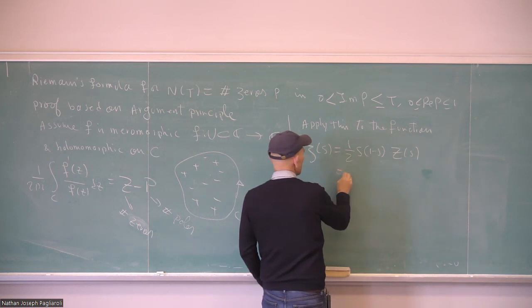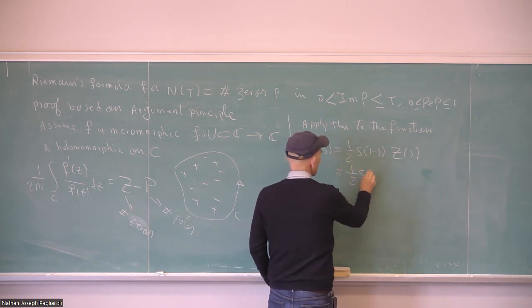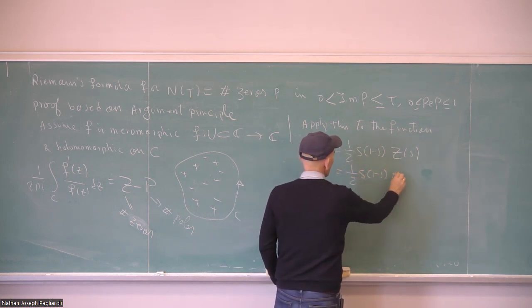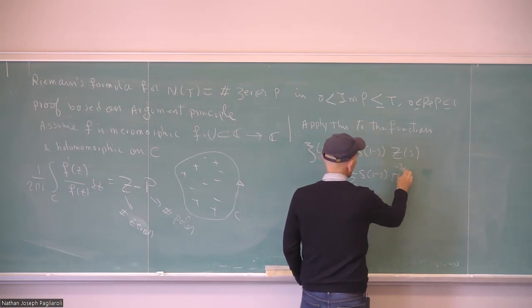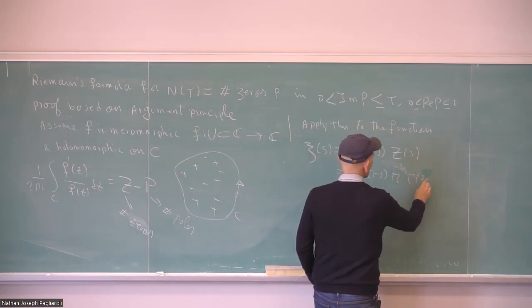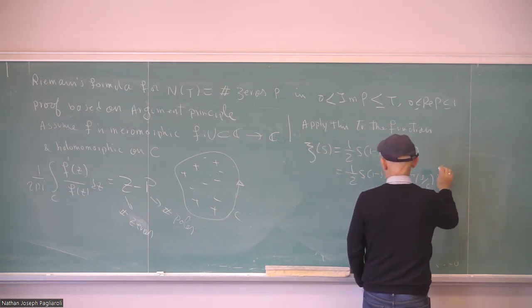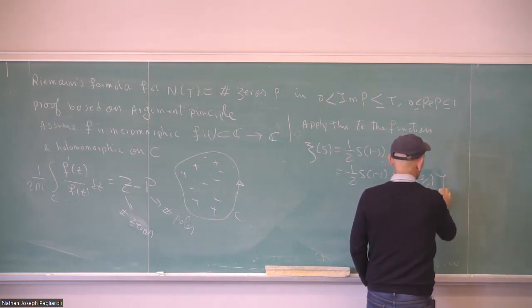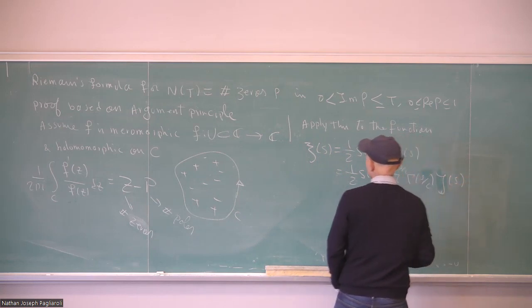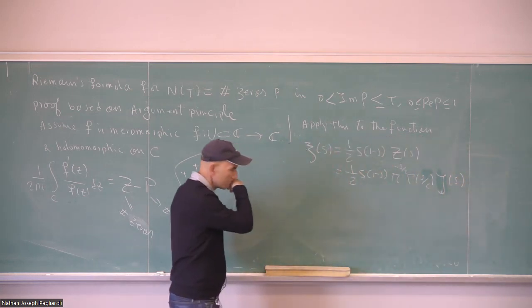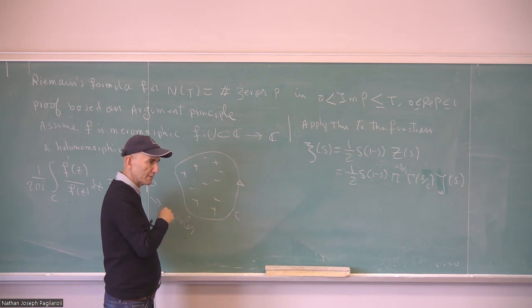In other words, this is 1/2 s (1 minus s) pi to the power minus s over 2 gamma of s over 2 zeta of s. This function xi of s.